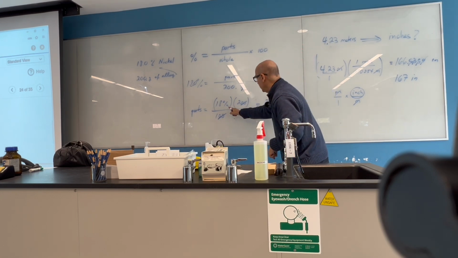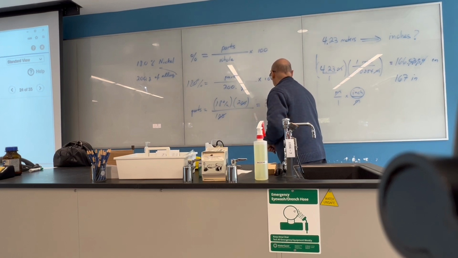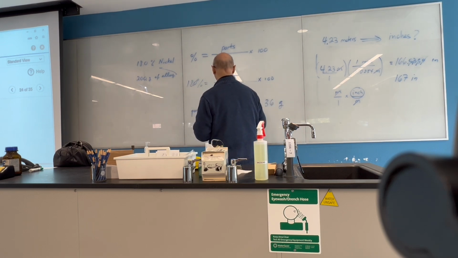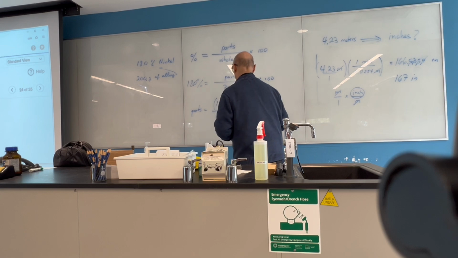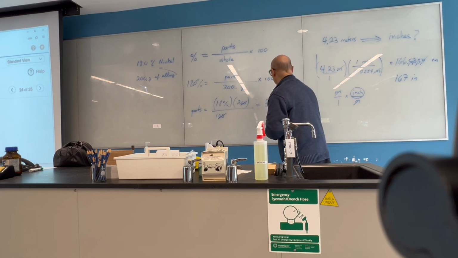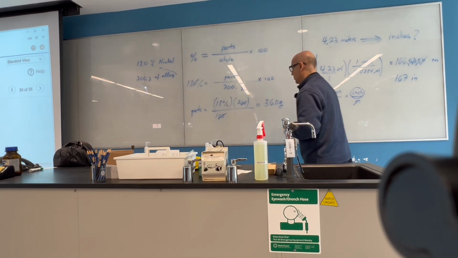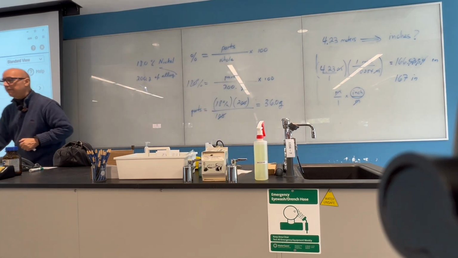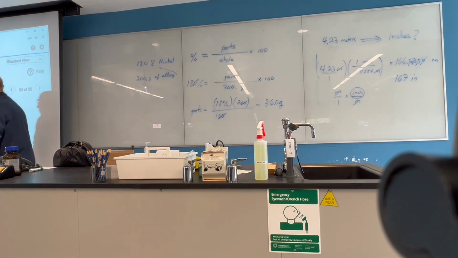And the units that we're left with are grams. Now the only thing left is the number of significant digits. So there's 3, there's 3. I need to add a 0 here to have 3 significant digits. So 36.0 grams is one of the choices. And that's it.